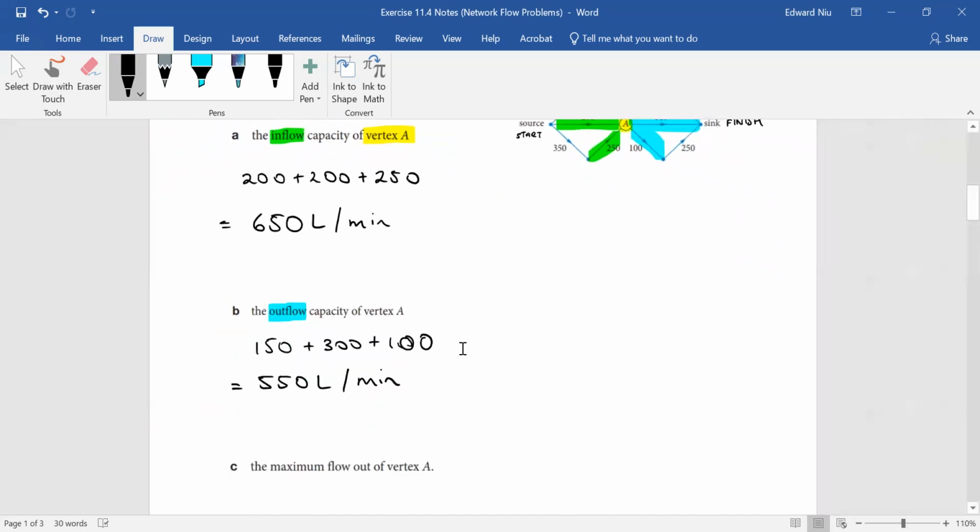Now, what we do for the last one is the maximum flow out of vertex A. Don't let it trick you. Just think of the maximum as going to be the minimum. Confused? Yeah, so it's going to be the smaller number out of the inflow and the outflow that we calculated.